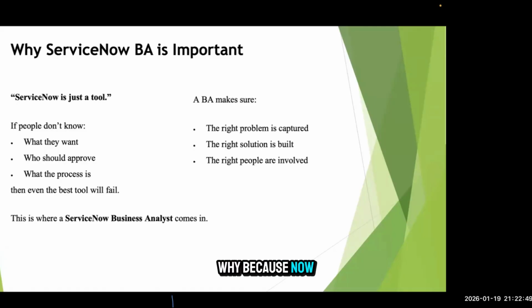Why? Because now there was nobody bridging the gap between the client and the technical team. So that's why a ServiceNow business analyst serves a very critical role. Once you get into the picture, you're telling them, okay, this is the problem, this is how we need to solve it, and these are the people who will be involved. Without this information, there is no foundation of the project, there is no alignment.